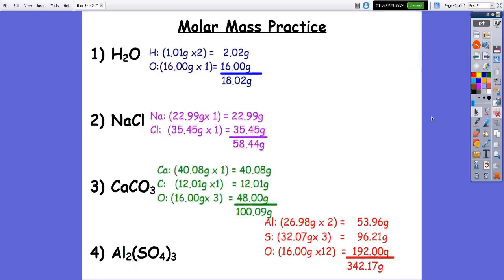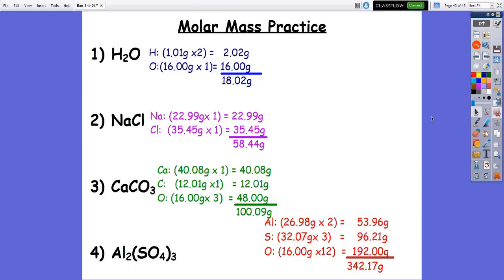So for H2O, your final answer should have been 18.02 grams. I have two hydrogens with masses of 1.01 grams each for a total of 2.02 grams. And then one oxygen weighing in at 16.00 grams. So if I add those two together, I get 18.02 grams.